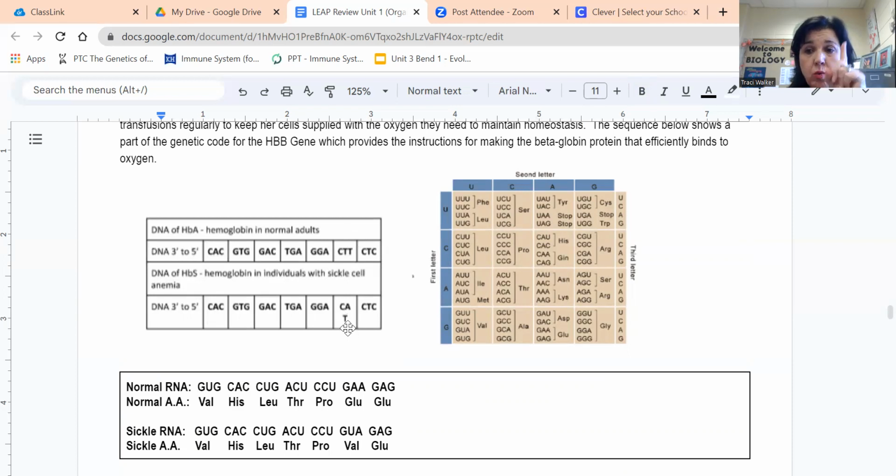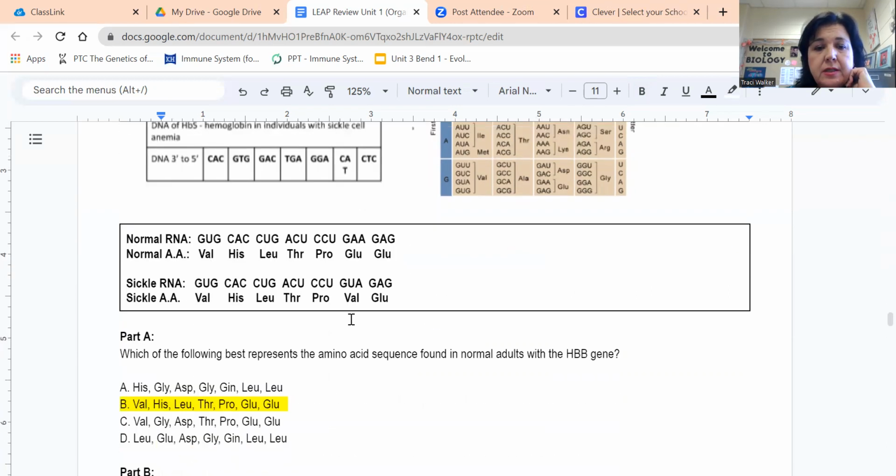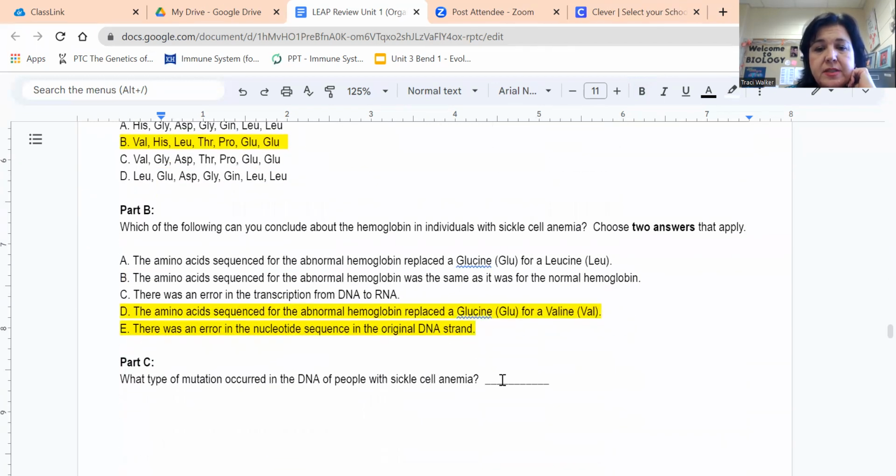And so only one nitrogenous base was wrong, and it was called a substitution because instead of a T, an A was substituted. So that is called a substitution mutation, and you'll learn more about that in video 4. Thank you for your attention.